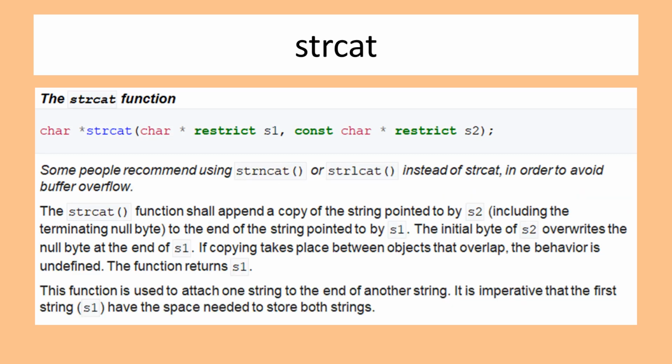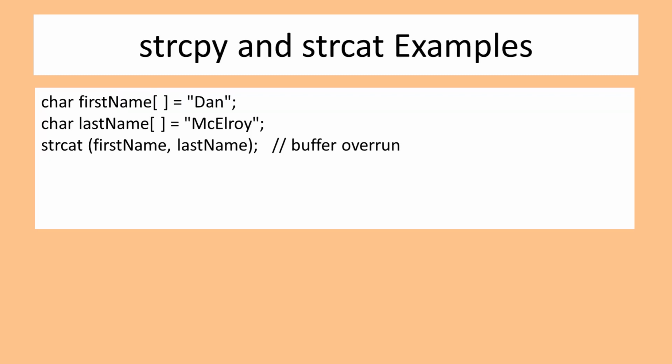Here's strcat. That's going to copy string 2 onto the end of string 1. So you have to make sure that there's enough room in string 1 to hold the extra data being added. This one here is not any good because first name is Dan and last name is McElroy.